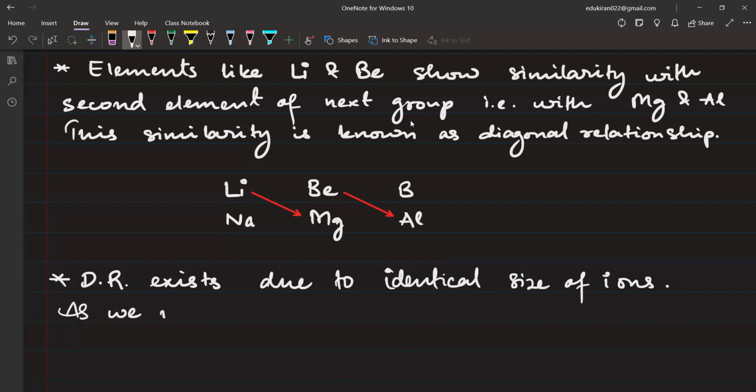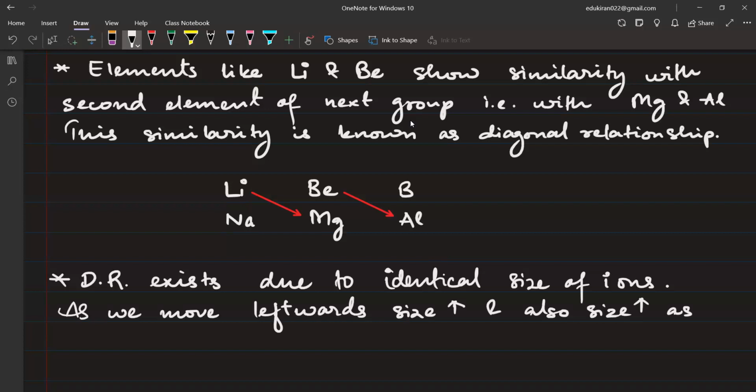As we move leftwards, size increases, and also size increases as we move down. Okay, that is why बेरिलियम से अगर आप लेफ्ट जाइएगा तो लिथियम, साइज बढ़ गया, बेरिलियम से आप मैग्नीशियम जाइएगा, that also size is increasing. That is why when they have similar sizes, they are also having similar properties.